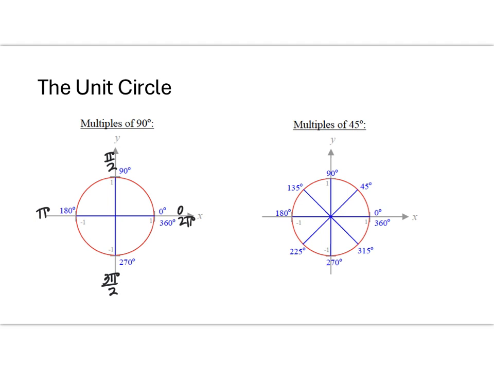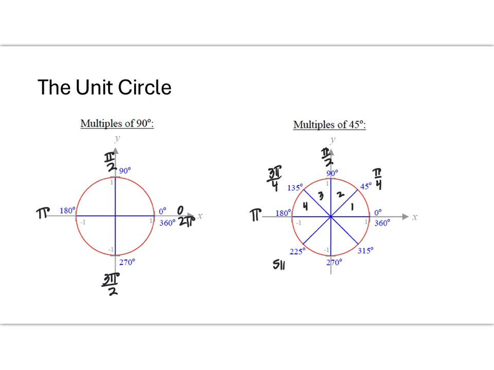You need radian measure a lot in calculus. When we look at the 45s, notice there's 1, 2, 3, 4 parts to get to pi. So this is 1/4 pi, or 1/4 of pi, which is pi over 4. This would be 2/4, which simplifies to 1/2. And then you've got your 3/4 pi. And of course, pi would be 4/4.